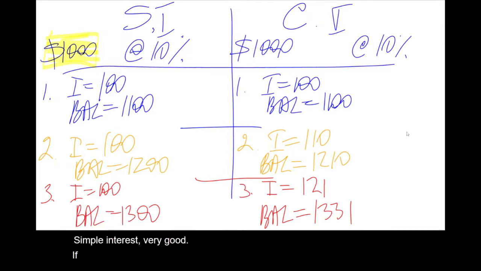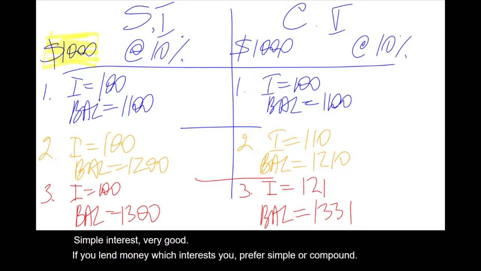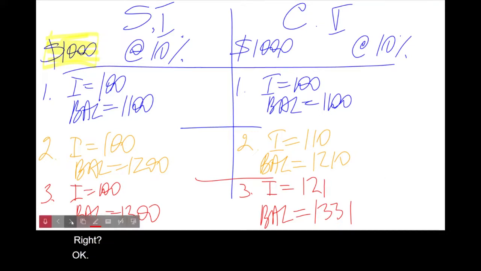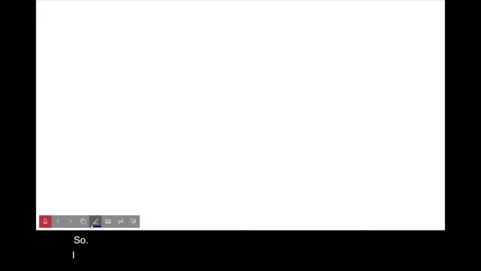If you lend money, which interest do you prefer, simple or compound? Compound. So compound interest grows faster, right? Okay. Now I will offer you the formula, and we will work with that formula. We will learn what is what, and that's it.